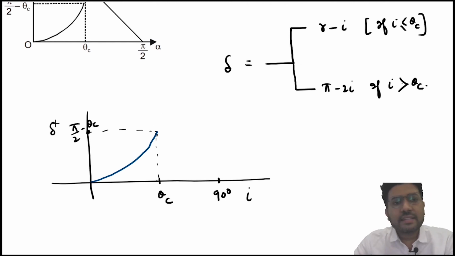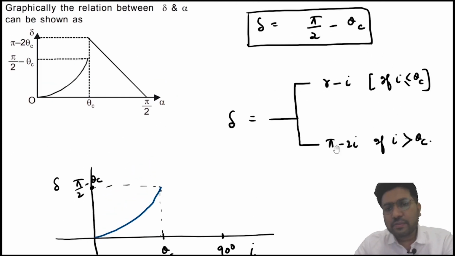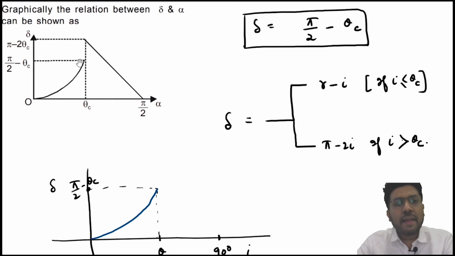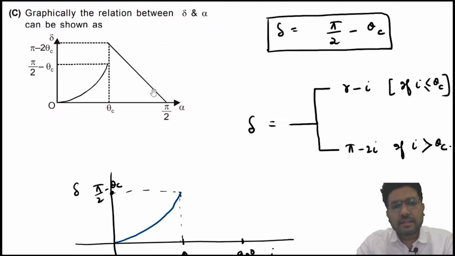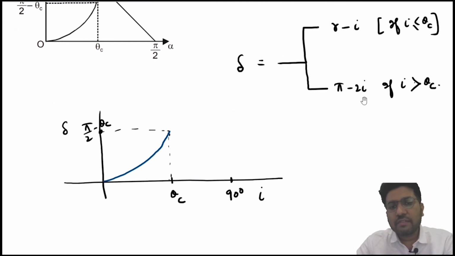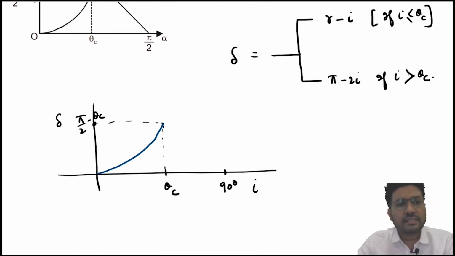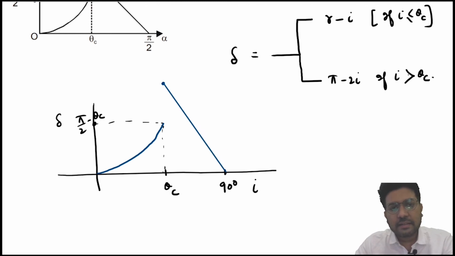But at theta c, the curve shifts to this, and the maximum value of the angle of deviation is again at I equal to theta c, and that is pi minus 2 theta c. So you will draw from here pi minus 2 theta c, this will be the line.